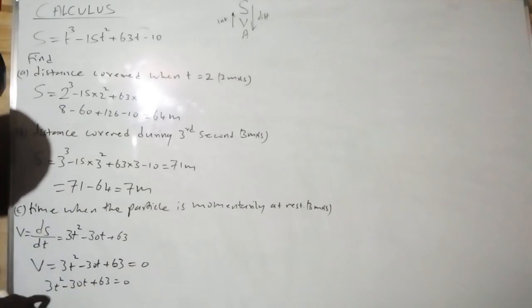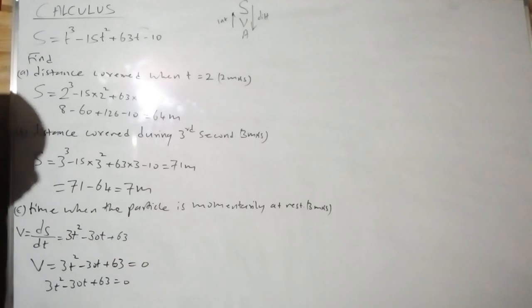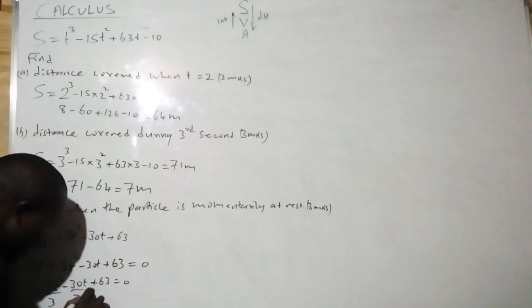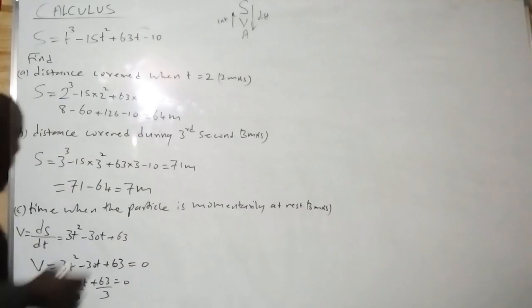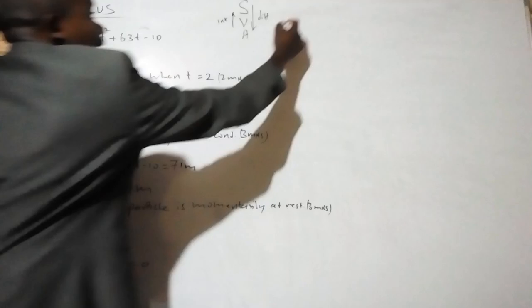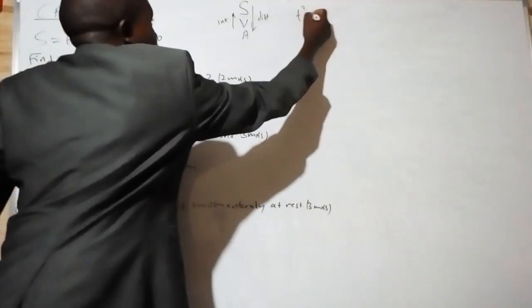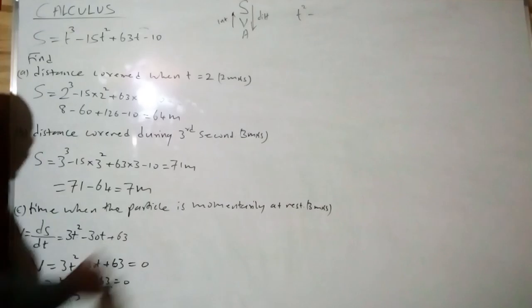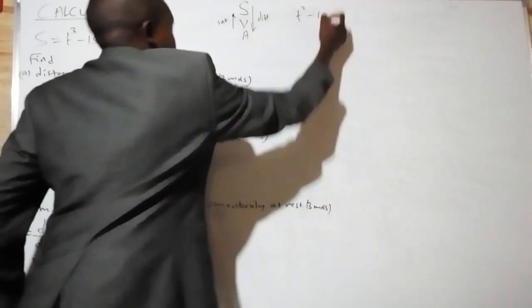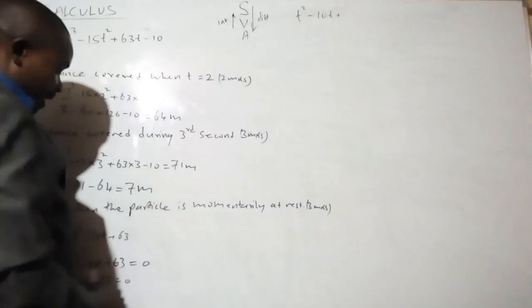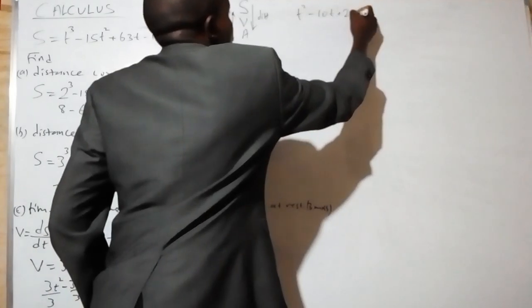You can first of all divide by 3 to have t squared minus 10t plus 21 is equal to 0.